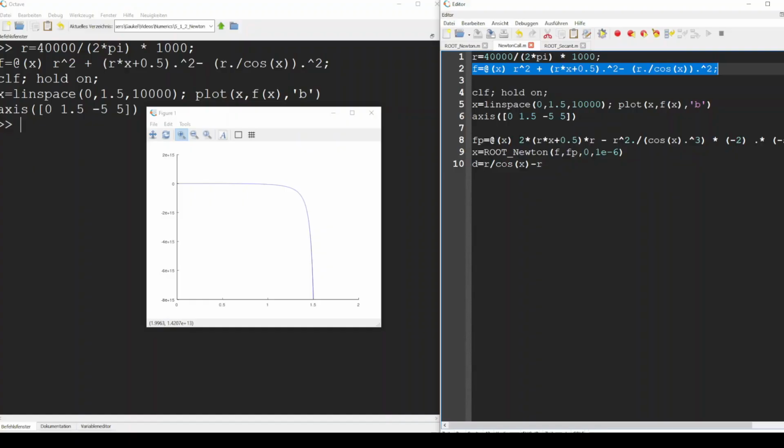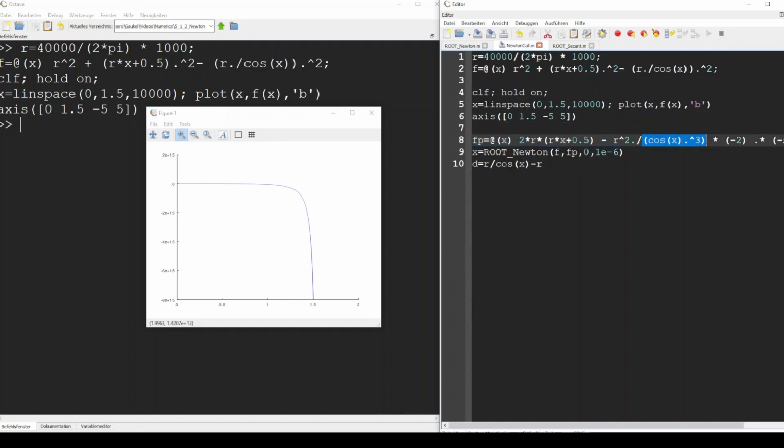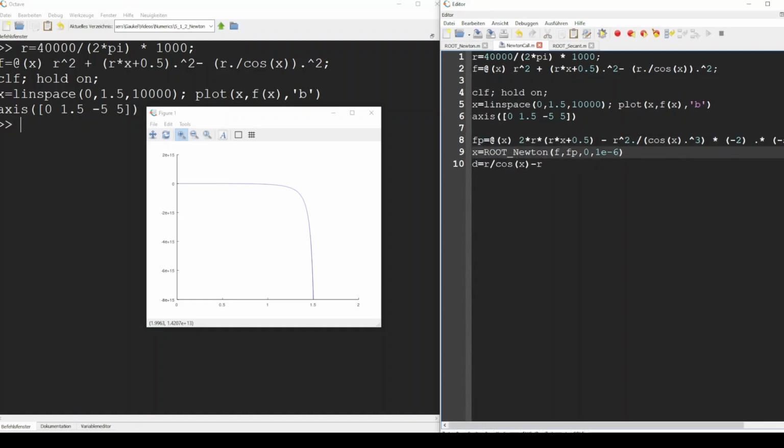We saw that this is the derivative. It's 2 times r times x plus a half to the power of 1 times r, or you can write the r here if you want to, and take it away from here, minus r squared divided by cosine x to the power of 3 times minus 2 times minus sine x. And now we can call root Newton, and let's see what happens.